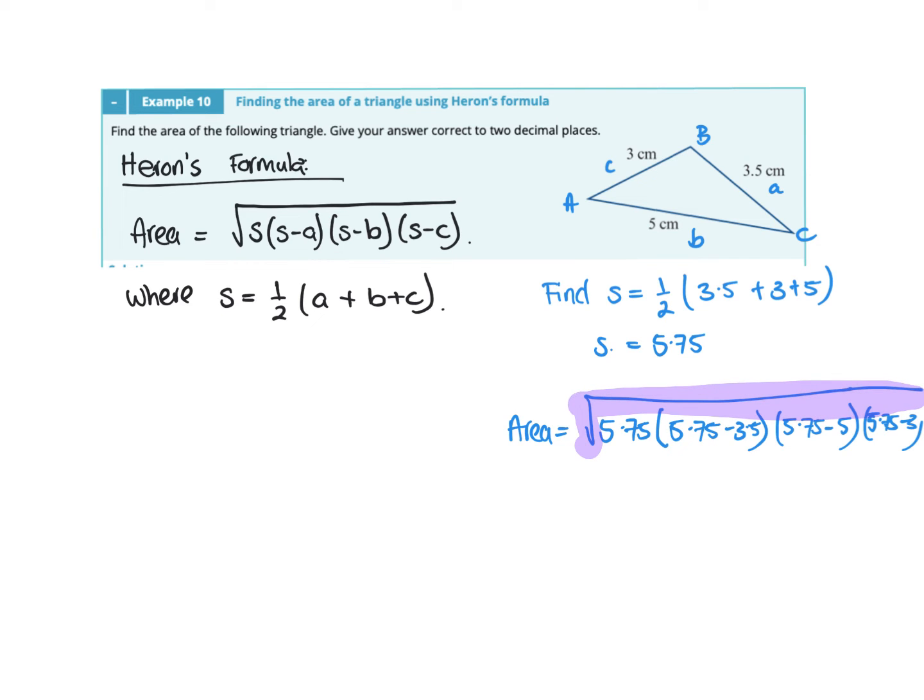You do the square root symbol and then type all of that underneath and you'll get your answer. So let's go find that out. They said 2 decimal places, so I got 5.17 centimeters squared.